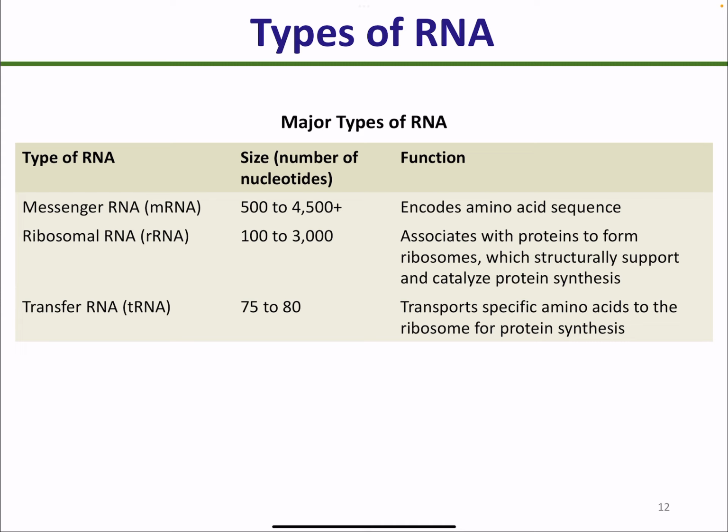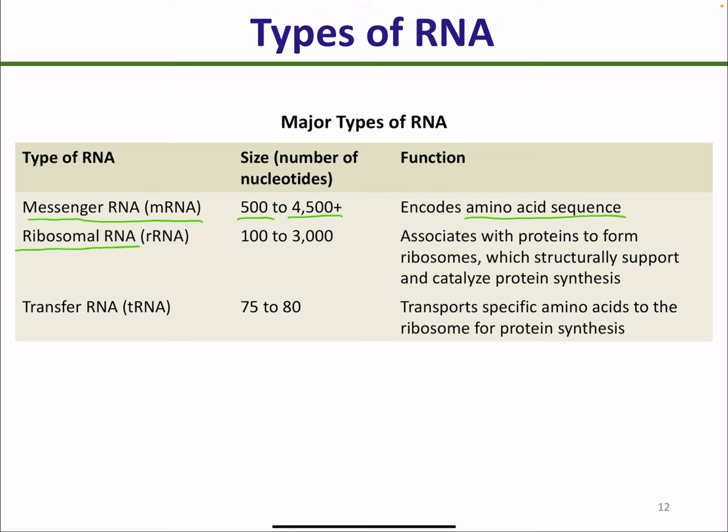Now, for the different types of RNA, messenger RNA exists in different sizes, and these sizes vary between 500 nucleotides and 4,500 plus nucleotides. This is going to contain the information for the amino acid sequence to develop.